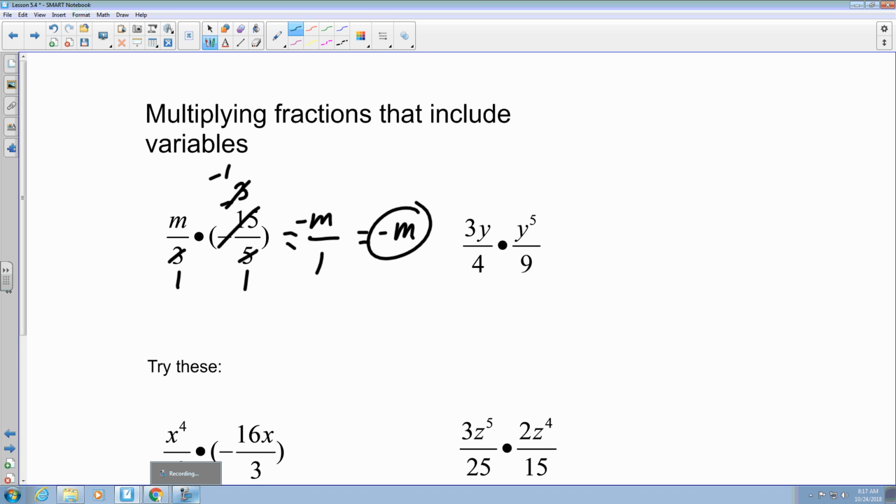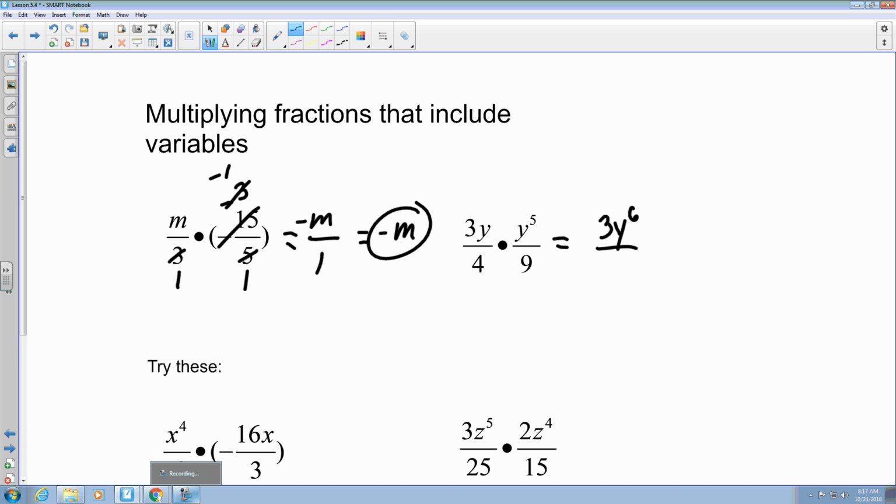The second example, 3y divided by 4 times y to the fifth divided by 9. Looking over here, right off the bat, nothing I can cancel out. So I'll just multiply it across. 3y times y to the fifth would be 3y to the sixth. Remember from chapter 4, you add the exponents.